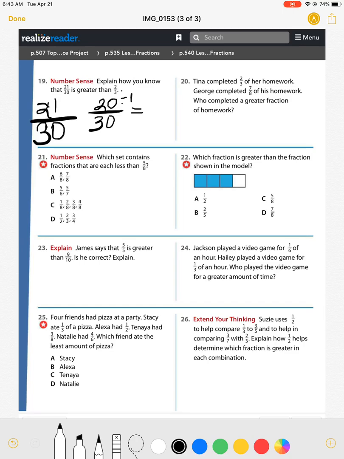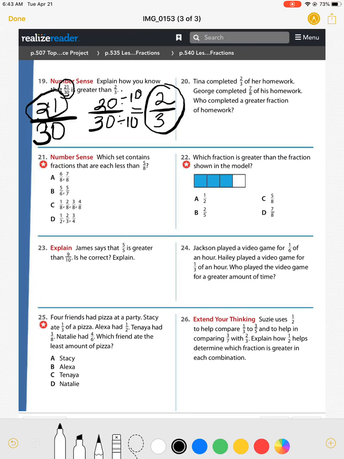20 divided by 10 and 30 divided by 10. So how many groups of 10 are there in 20? That would be 2. How many groups of 10 are there in 30? That would be 3. So 20/30 is equal to 2/3, but over here with our original fraction, our numerator says 21.